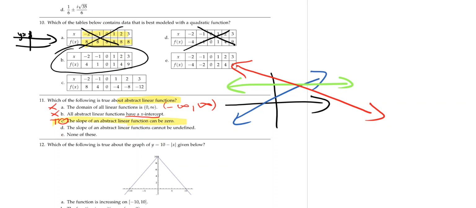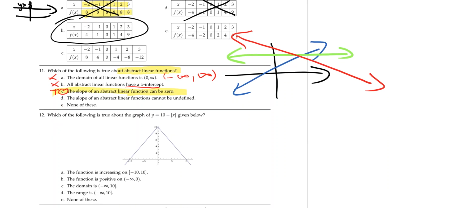All right, next. Which of the following is true about this graph? So the function is increasing on -10 to 10. Well, so let's see, from -10 the function is actually increasing, but from 0 to 10 the function is decreasing, so this one is not true. The function is positive from -infinity to 0.